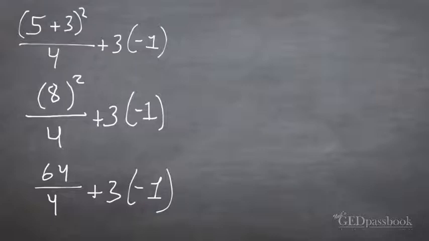We have a 64 over 4 plus 3 times negative 1. What should we do here? We divide. If you recall, you no longer see this in algebra.